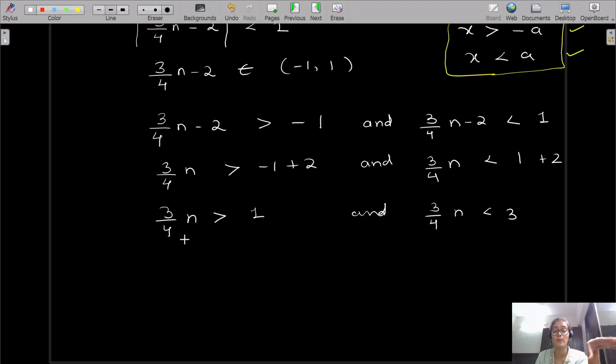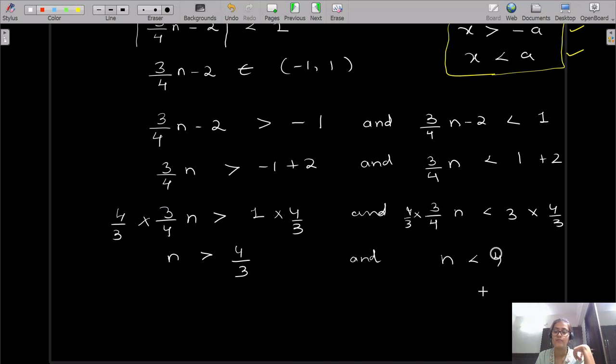Now we have to remember, we have to find out the value of n. So we can multiply both sides of the inequality by 4 over 3. This gives us n is greater than 4 over 3, and here we get n is less than 4.